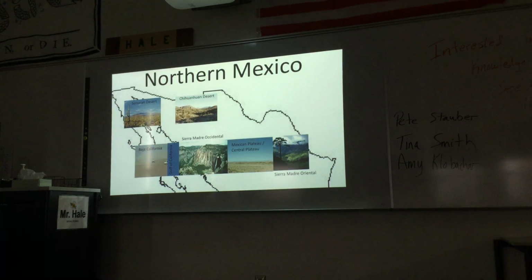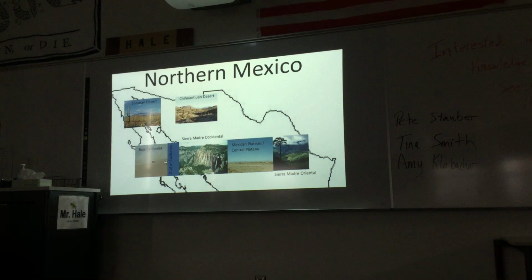Then we have the Mexican Plateau, also called the Central Plateau. What's going on here is this plateau is bordered on both sides by mountains.